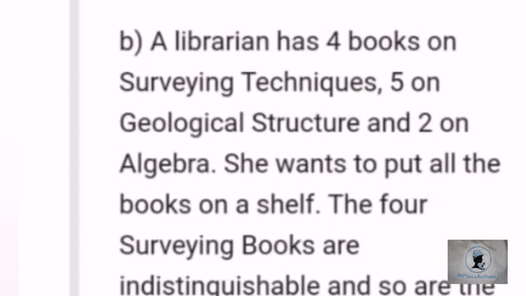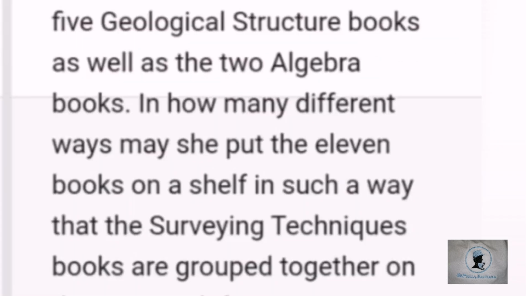So the second last question says that a librarian has 4 books on surveying techniques, 5 on geological structures, and 2 on algebra. She wants to put all the books on a shelf. The 4 surveying books are indistinguishable, and so are the 5 geological structure books, as well as the 2 algebra books.